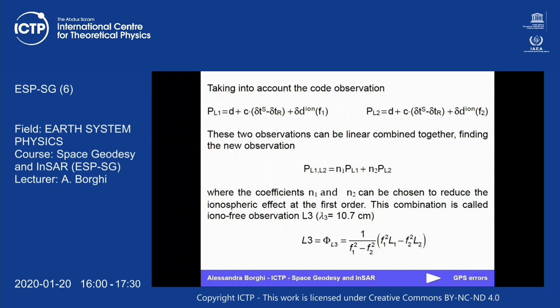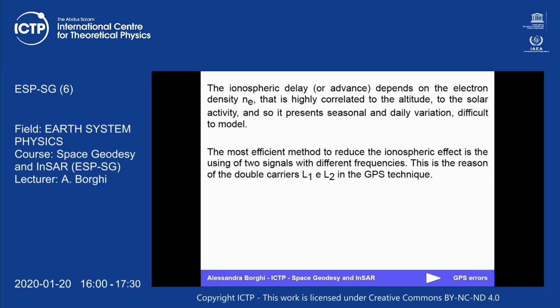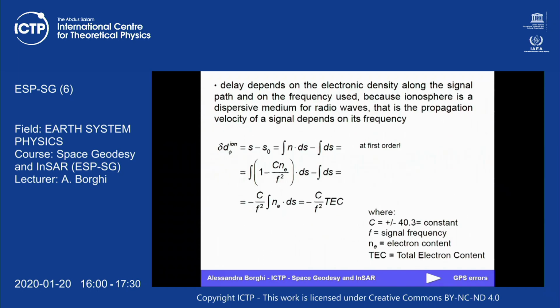Okay, going back to the total electron content. It's an unknown quantity. We are going to see that we can use GPS to compute this for ionospheric study. So for us it's an error, and we don't know exactly this quantity.